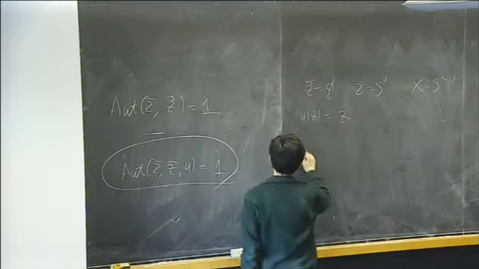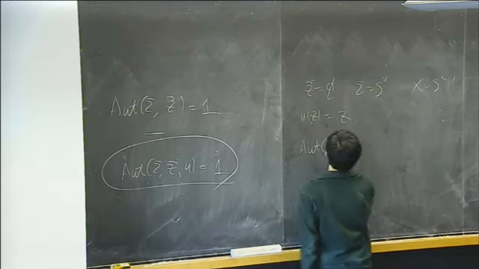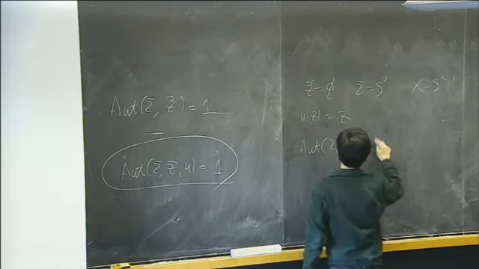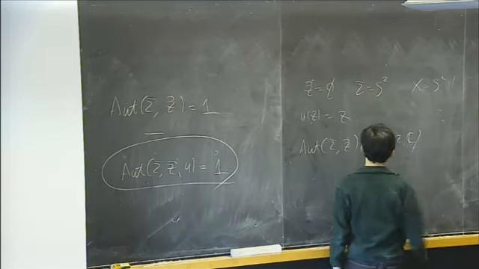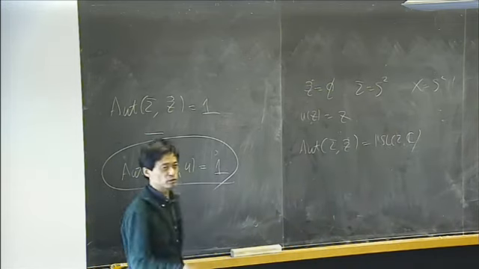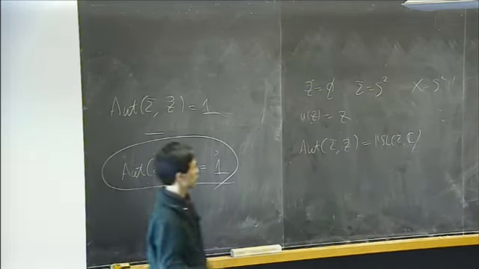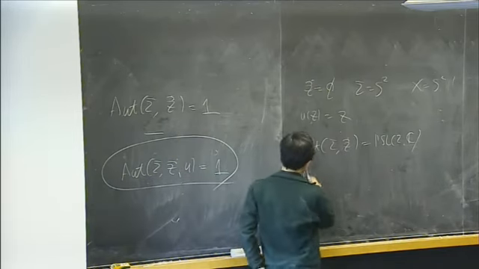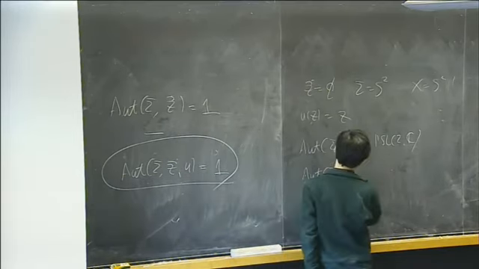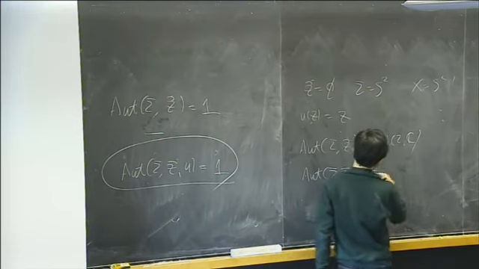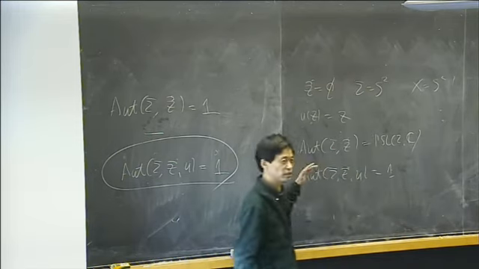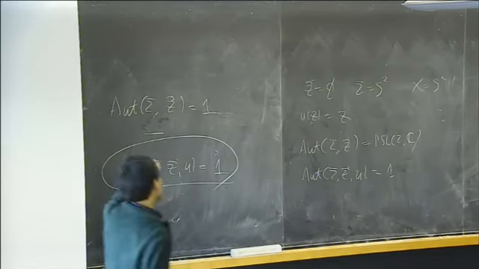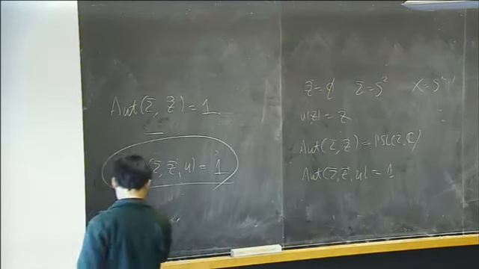Then you can easily see that this is PSL_2(C). The biholomorphic maps of S^2 form PSL_2(C), a huge group, so this doesn't satisfy the strong assumption. But if you take this one, then this is just the unit. So we have to include this kind of case. But the simplest case is this case.